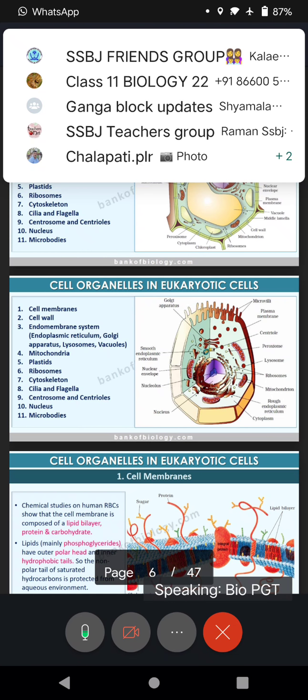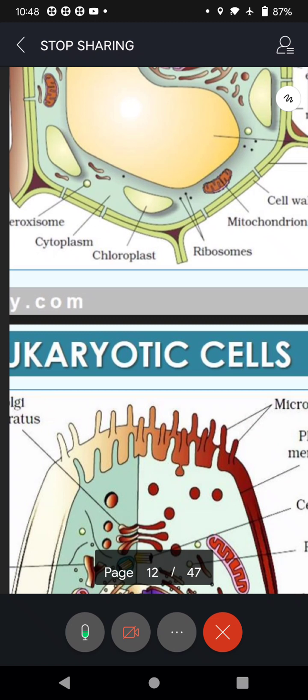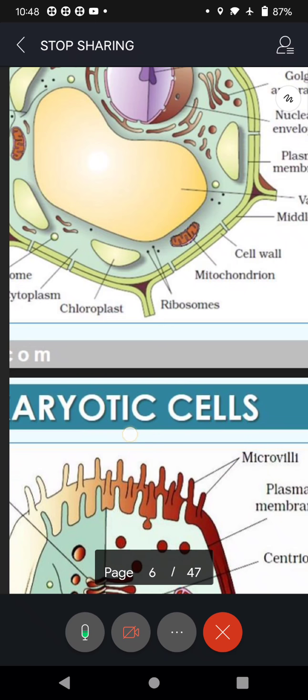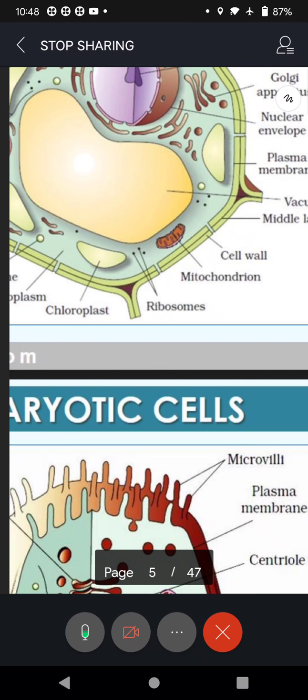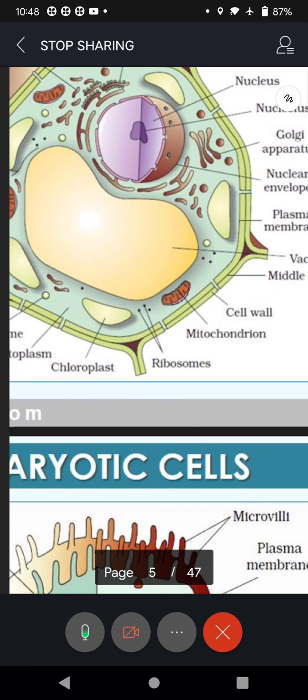Label it. And after labeling, Pallavi, what you have to do is write the significance of each. Like when you write ribosomes, what is the significance of ribosomes? Let us say ribosomes are removed from the cell. What happens to that cell?